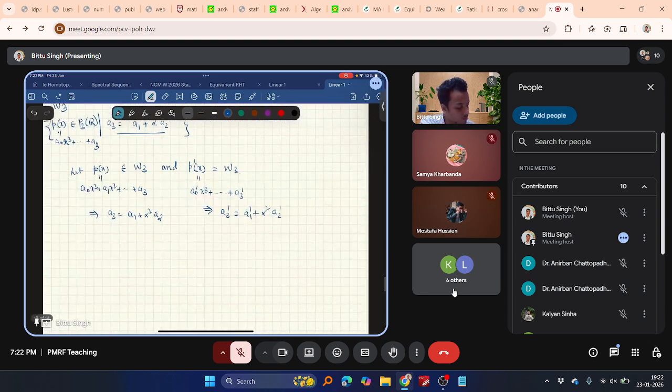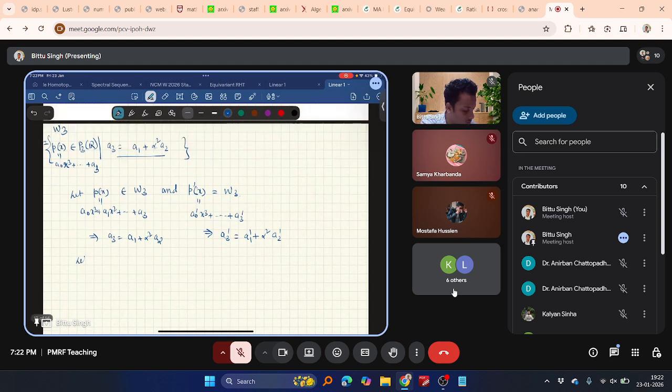So let me check the condition. Let C1 and C2 belong to the scalar field R. Then C1 times P(x) plus C2 times P dash (x) will be the same as (C1 A0 plus C2 A0 dash) x cube, plus, similarly, (C1 A1 plus C2 A1 dash) x squared.